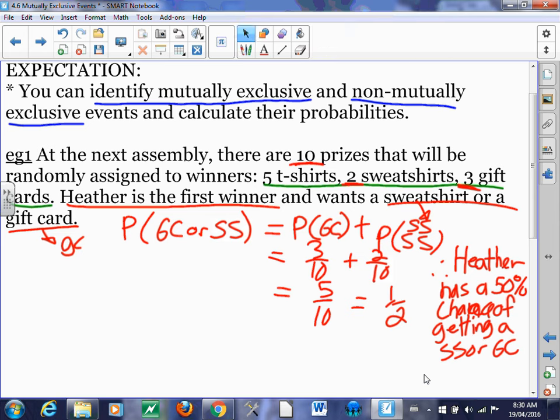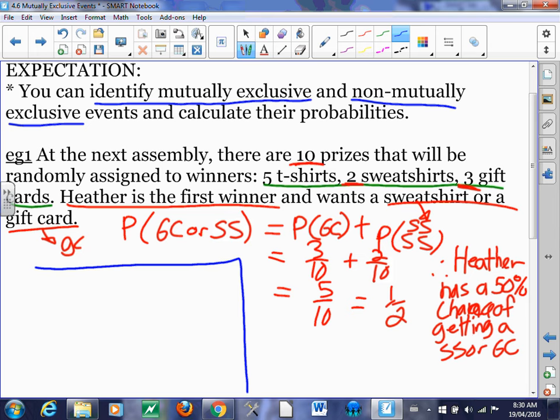Okay, I will show you the opposite because some people might like the indirect method. So that was the direct method. Here is your indirect method. Okay, so the opposite, if she doesn't want the t-shirt, the opposite is the t-shirt, right? Because she wants one of the other 2. So there's 5 t-shirts out of 10.